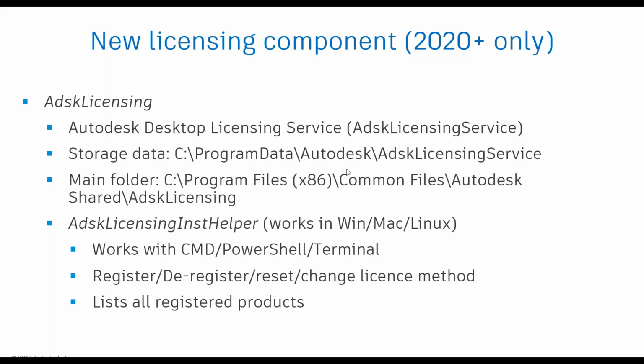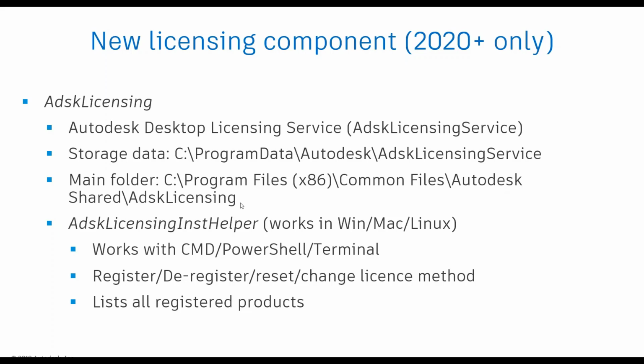As you remember, this storage data was under Autodesk CLM, and now it is called ADSK licensing service. The component itself is installed in the directory under Program Files (x86), Common Files, Autodesk Shared, ADSK licensing.